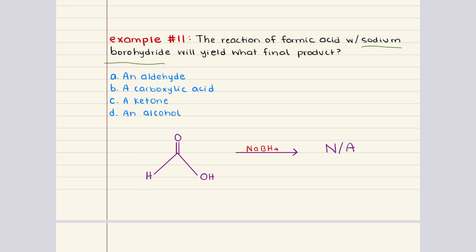Formic acid is a carboxylic acid, and because sodium borohydride is too mild, it cannot reduce formic acid. Therefore, no reaction occurs under these conditions, and the formic acid remains as it is, as a carboxylic acid. Therefore, the correct answer for problem 11 is B.